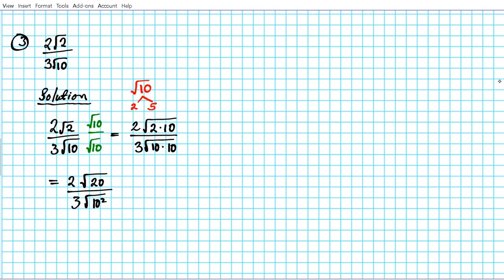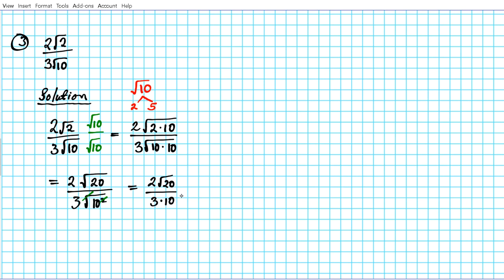Now notice what happens in the denominator. You have the square root of a square. Square root and squares are inverses, so they cancel each other out. And we have 2 root 20 over 3 times 10. So the denominator is going to be 10.